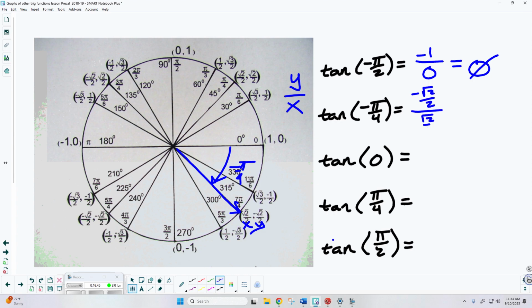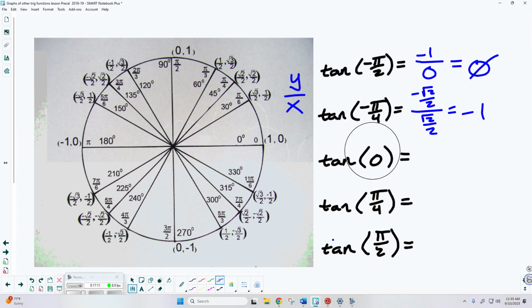X is a root 2 over 2. So I'm taking a value and dividing by its opposite. What do I get? Negative 1. The ordered pairs are still created the same way. Okay. The x value is your angle measure, and the y value is your ratio. See, that's why we have the ordered pair, negative pi over 4, negative 1. Okay. Let's try one more of these.